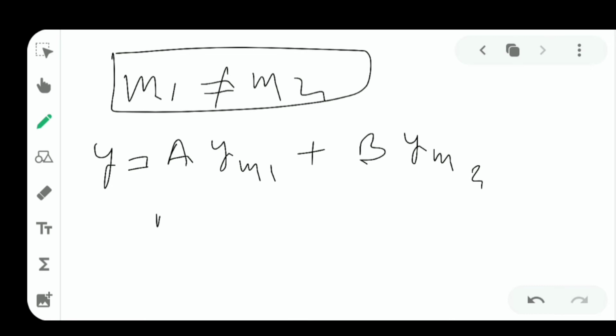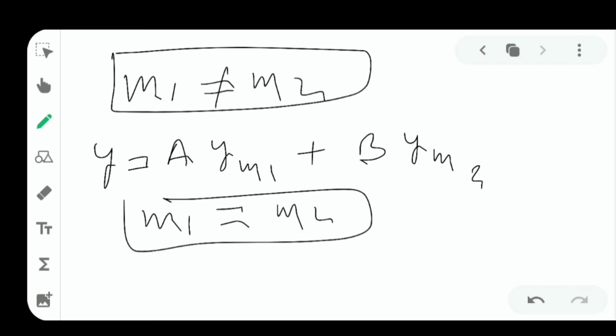And if m1 is equal to m2, the condition will be like this. The solution is not this one.